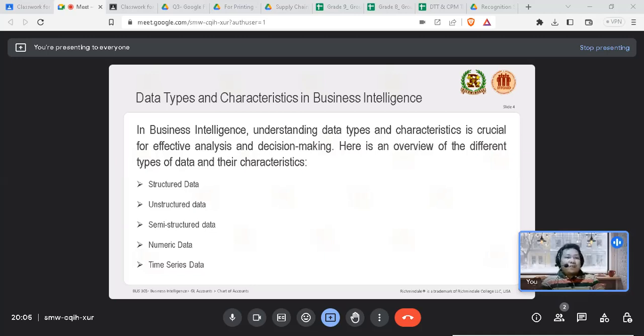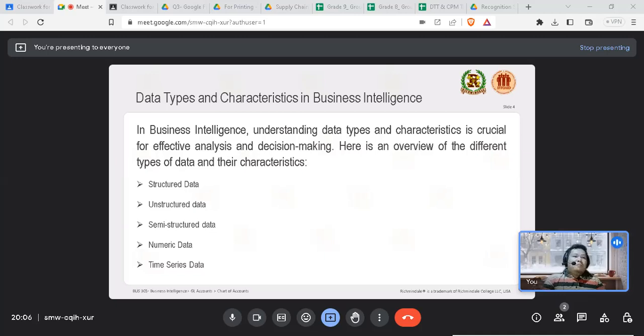The schema defines tables, columns, data types, and the relationships between them, enabling efficient data storage and retrieval.